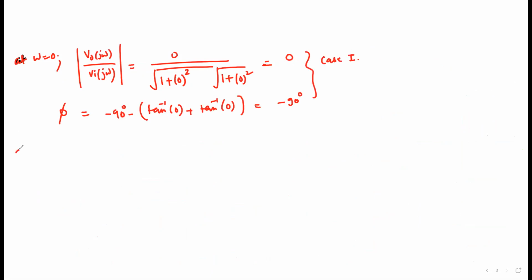All right. What about at omega equal to omega C1? So omega C1, remember, is 1 over R1 C1.